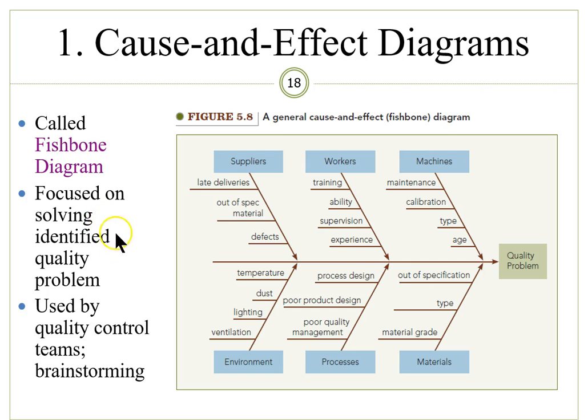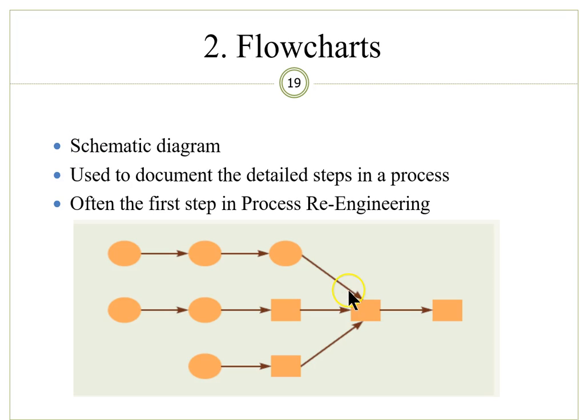And it's basically focused on solving an identified quality problem. So in order to use a cause and effect diagram, you actually have to have the problem already identified in order to solve that problem. And it's used by quality control teams and for brainstorming exercises.